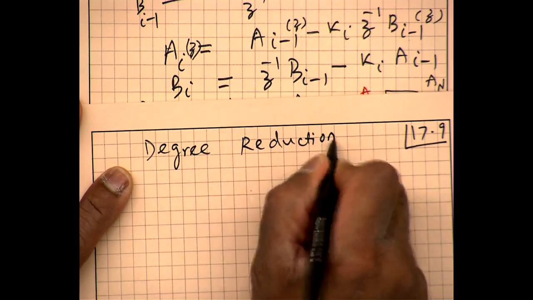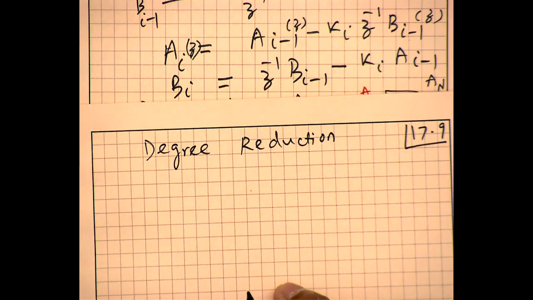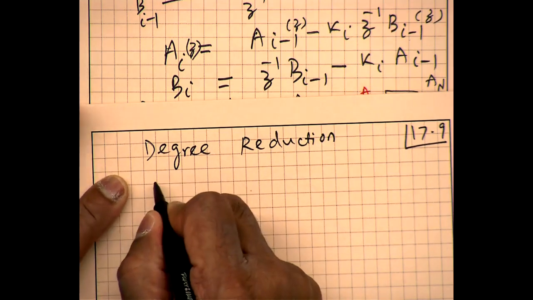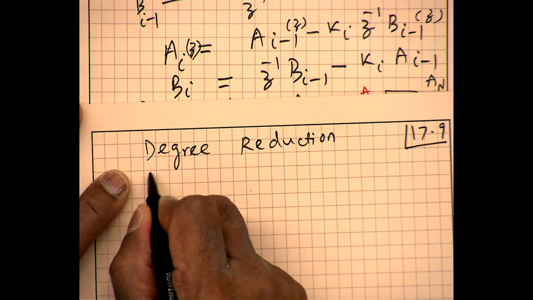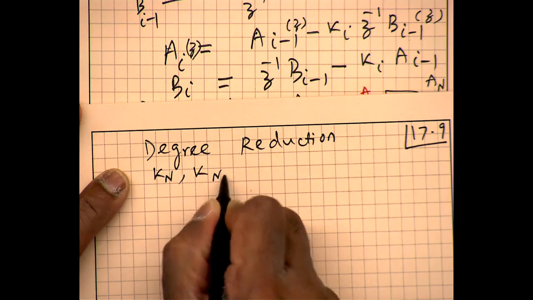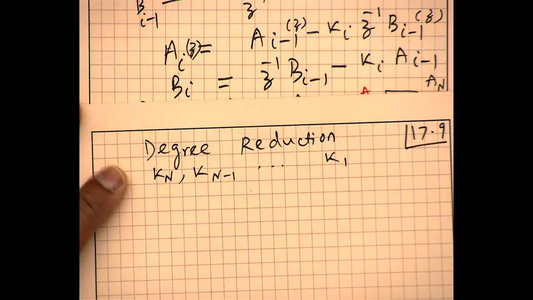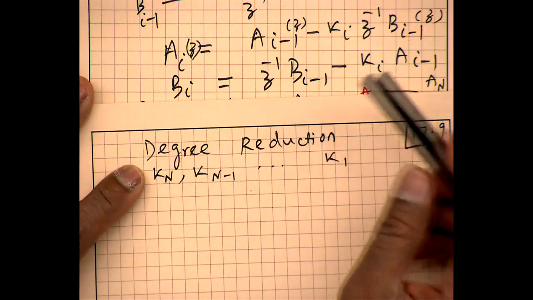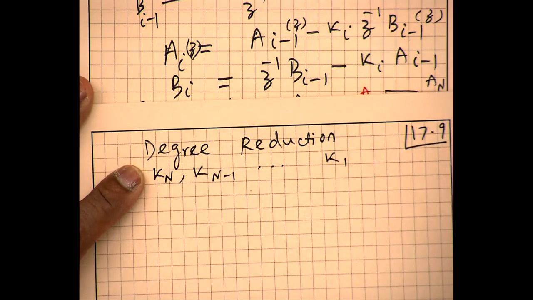So the essence of designing a lattice filter is to compute k coefficients in reverse order. So compute Kn, then Kn minus 1, all the way up to K1 by the degree reduction process. And to understand the degree reduction process, we have to compute Ai minus 1.